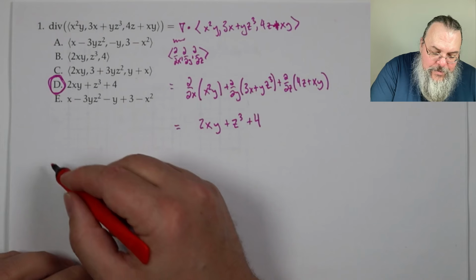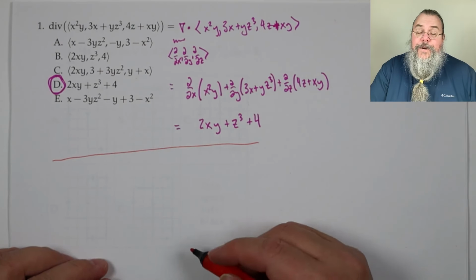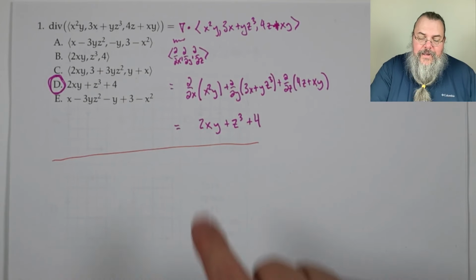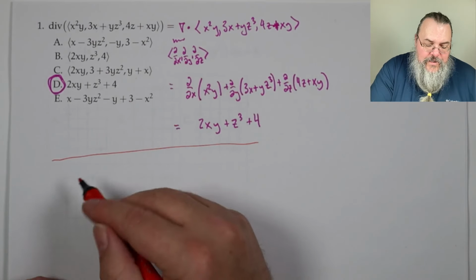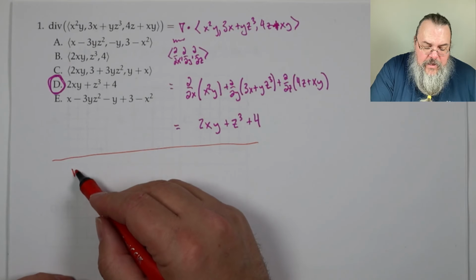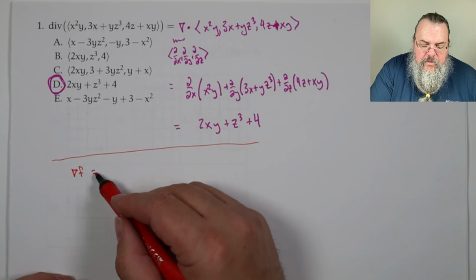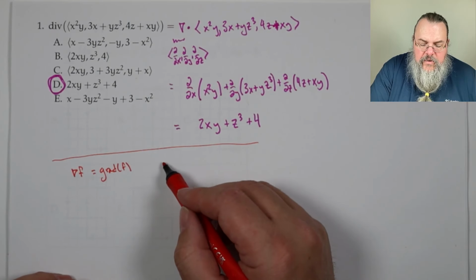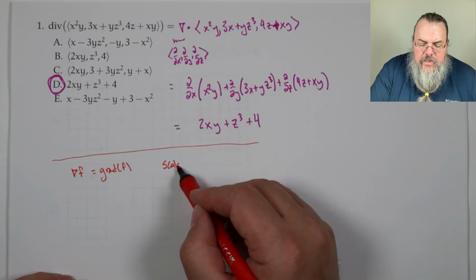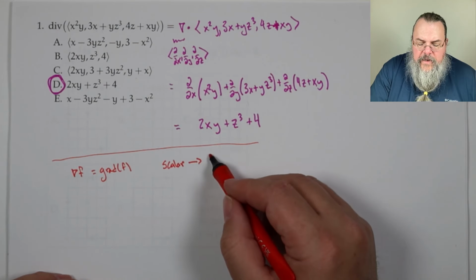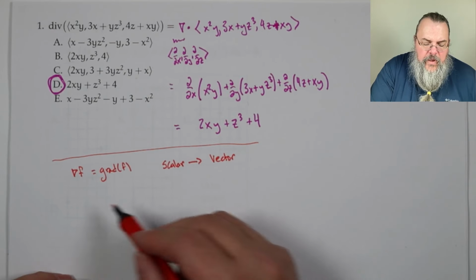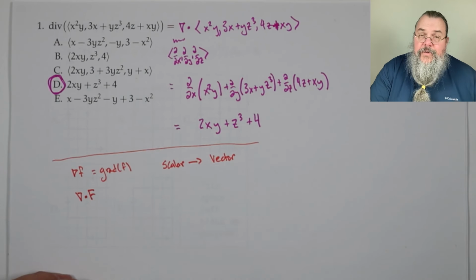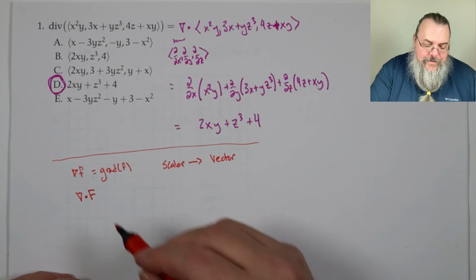Well, what do I mean? Namely, you have some nice facts. There are 3 types of ways that we use this del operator. So we have del f, which is the gradient of f, and this sends a scalar function to a vector function. We have del dot capital F, where I'm using capital F for a vector function.